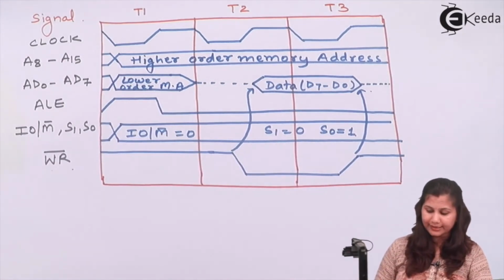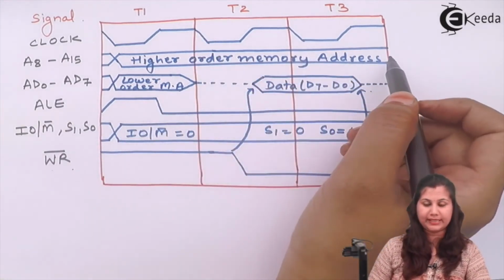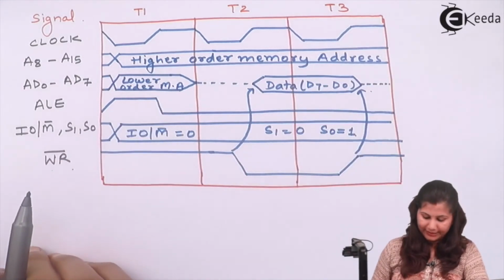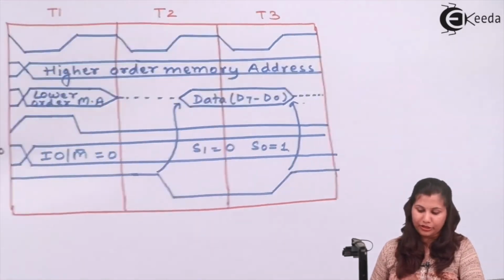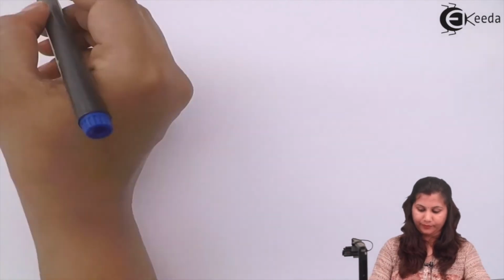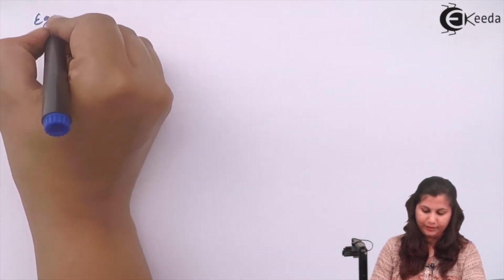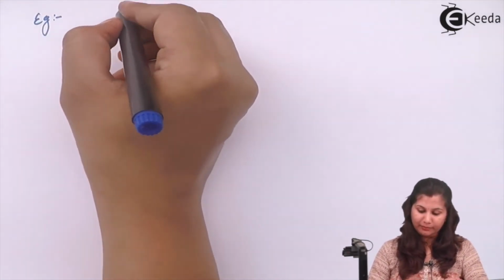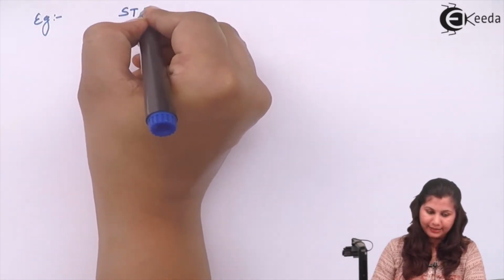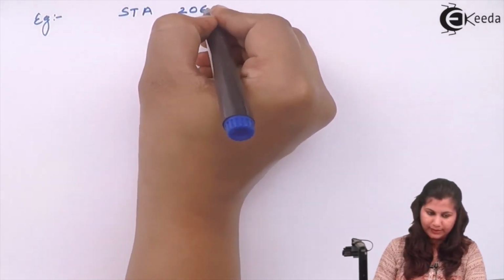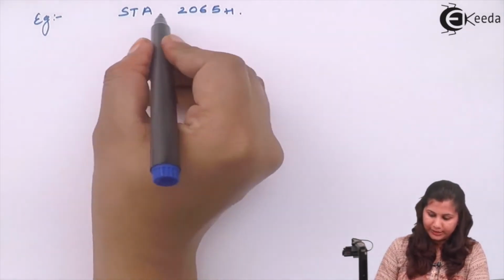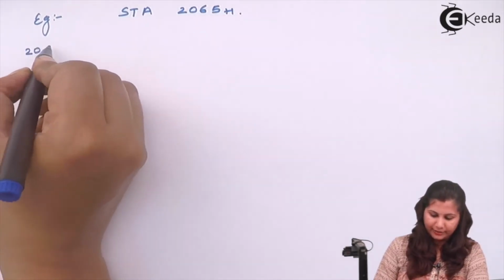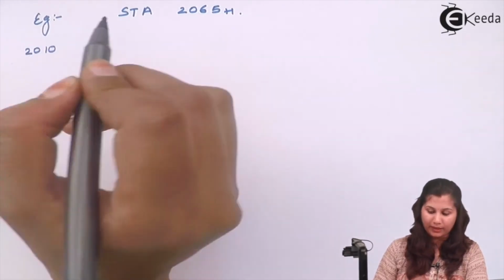You can see that this cycle requires 3 T states. Now let's take an example of an instruction which is using this memory write machine cycle. We have an instruction in the microprocessor, STA 2065H. This instruction is written at the memory location 2010.